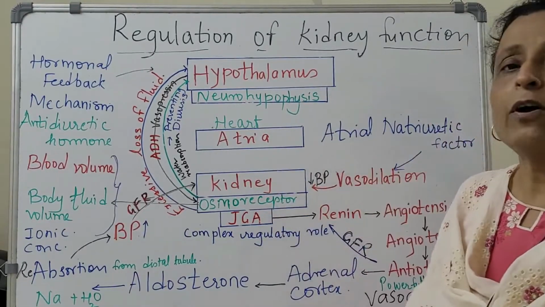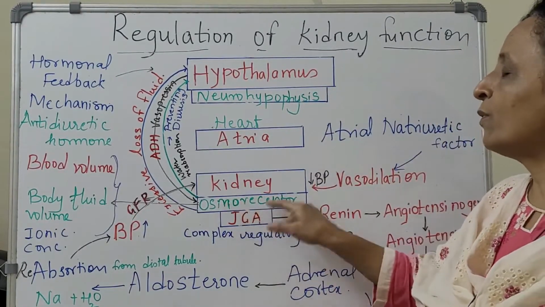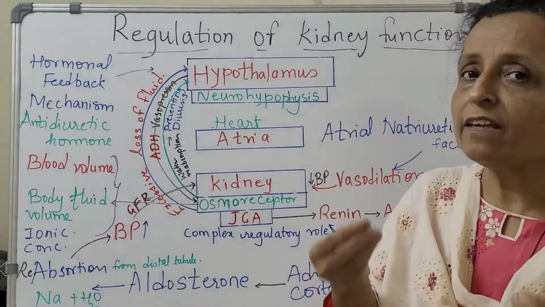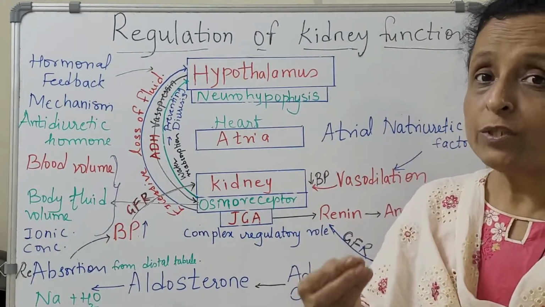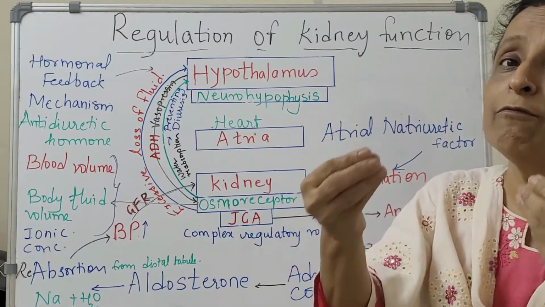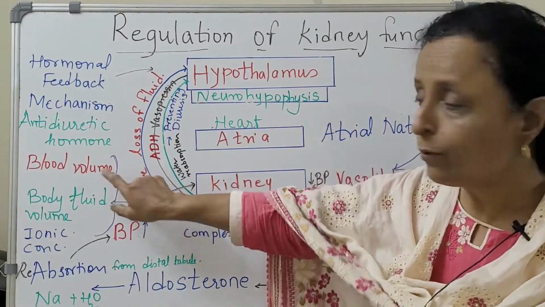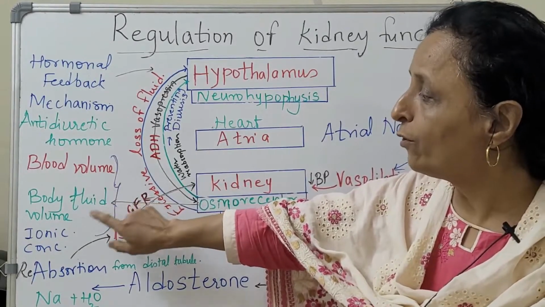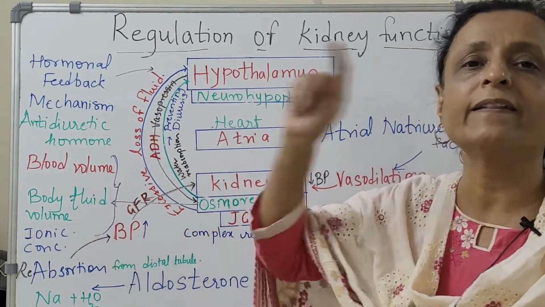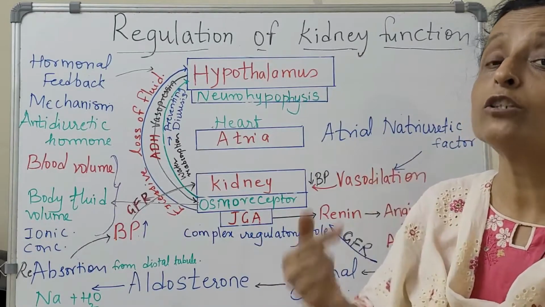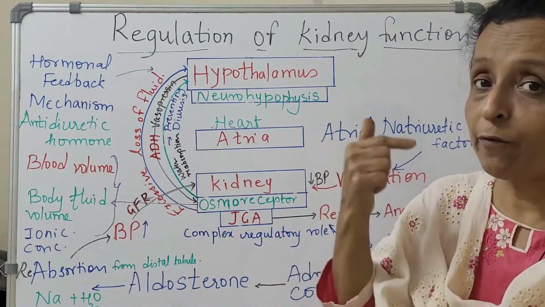Now in the body there are osmoreceptors, which maintain the body fluid level. They maintain the blood volume, the body fluid volume, and the ionic concentration.